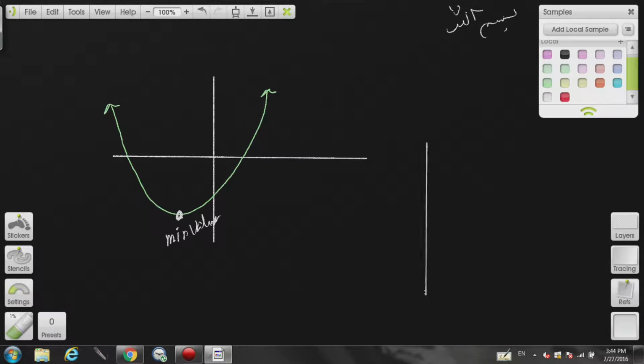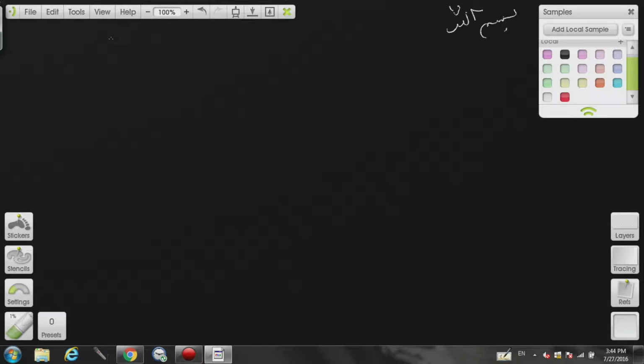And for a parabola that looks like an N, the vertex will represent the maximum value. I'm not going to elaborate on that in the future, but I just wanted you to appreciate that the vertex is going to represent either the minimum value or the maximum value of the parabola. Okay. Now let's go back.